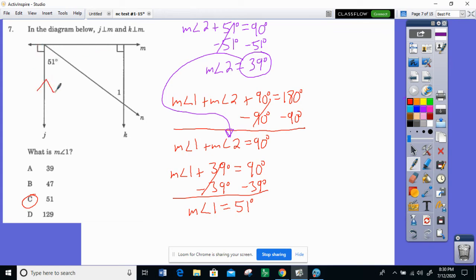So we know that lines J and K are actually parallel to each other, and this angle, the 51-degree angle, and this angle 1 are alternate interior angles. So this is a good reminder that if two parallel lines are cut by a transversal, then the alternate interior angles that they form are congruent to each other.